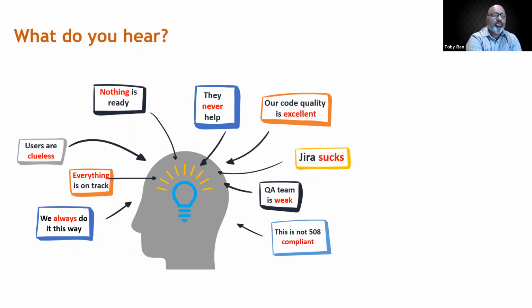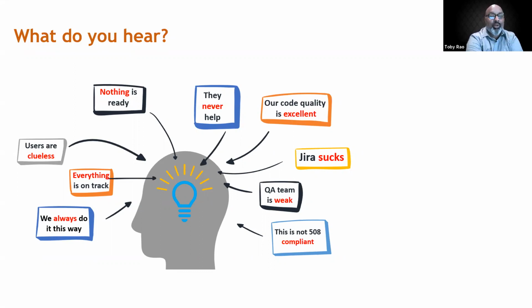Jira sucks. I've heard people say that. Okay, what part of Jira sucks? Does all of Jira suck? Does a particular query suck? Everything is on track. You heard that.